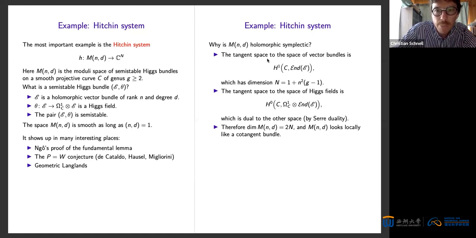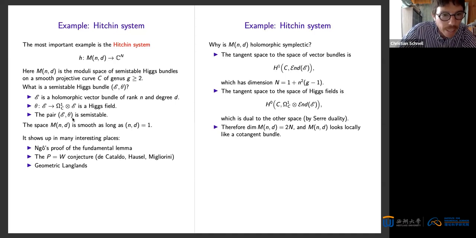By deformation theory this is identified with H^1 of the endomorphisms of E. In this case, because these are stable and therefore have vanishing H^0 and H^2, you can compute the dimension of this H^1 by Riemann-Roch, and you find that it's this integer N, which is 1 plus the rank squared times the genus minus 1. So this is how much dimension I can get by changing E.